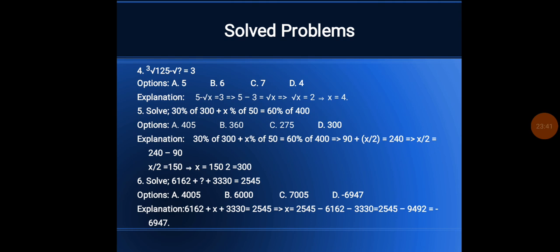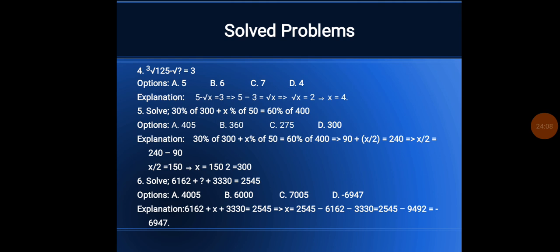So 30% of 300 means 30 by 100 into 300, plus x percentage of 50 means x divided by 100 into 50, which is equal to 60% of 400, that is 60 divided by 100 into 400. So we solve this equation, we get 90 plus x by 2 equal to 240.